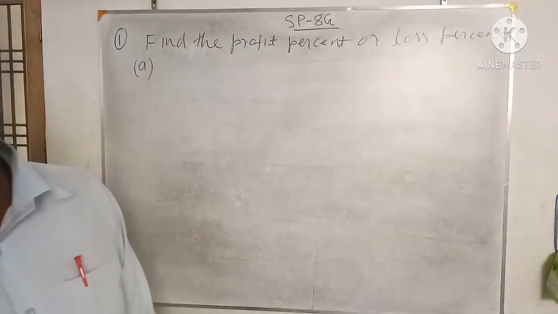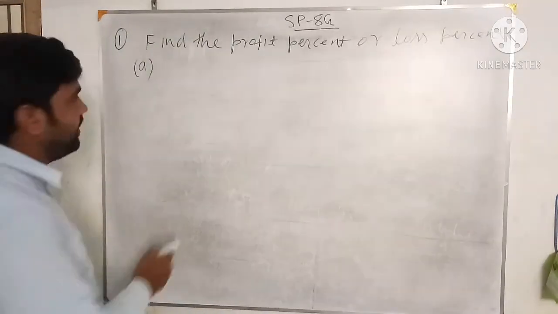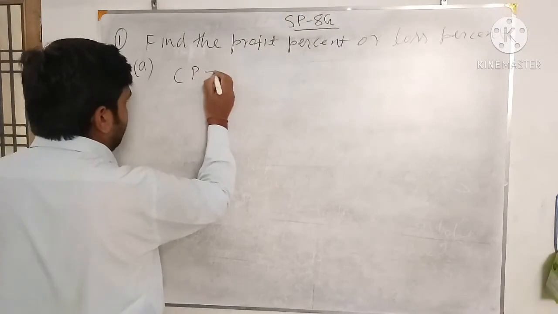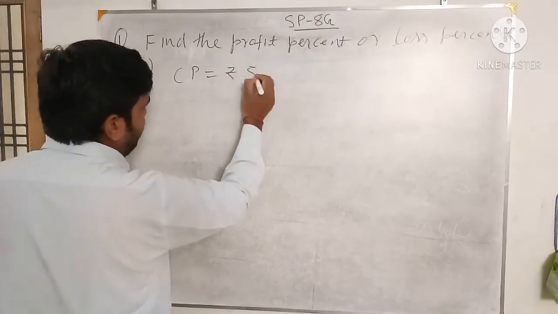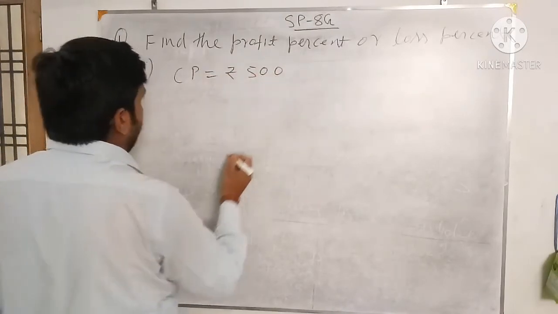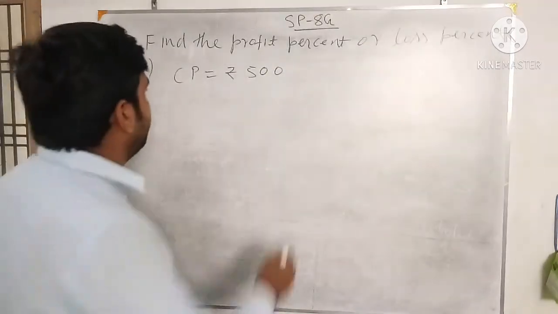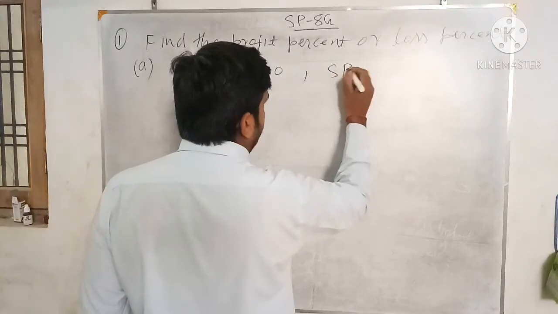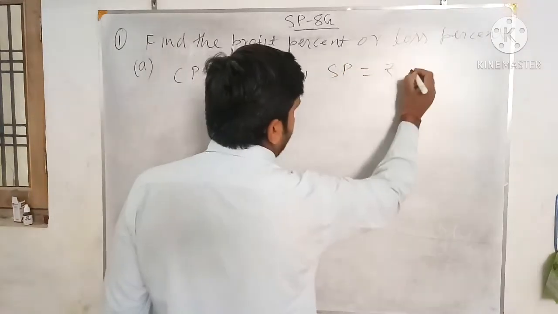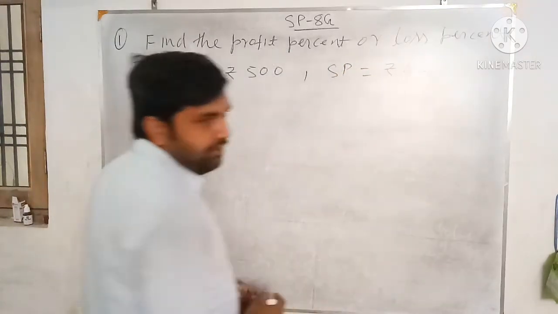CP equals rupees 500 and selling price equals rupees 650 is given. See, first you compare.